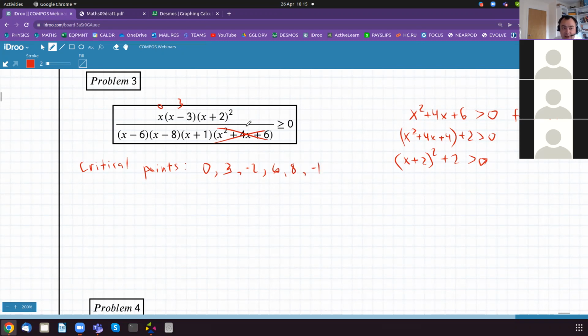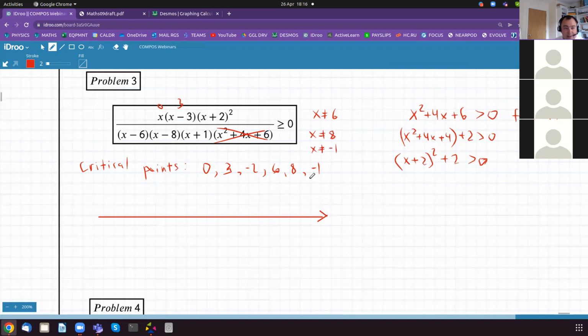And this does not have any critical points because it's never 0. Oh, sorry, we identify the discontinuities, of course. So we say that x is not equal to 6, x is not equal to 8, and x is not equal to -1.